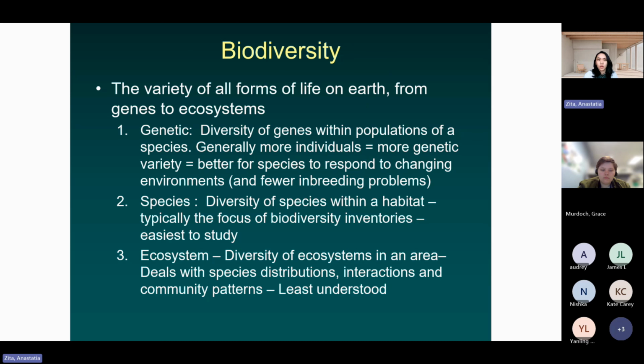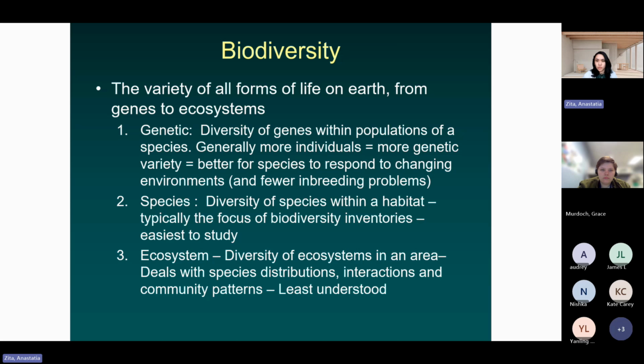We talked a lot about different habitats and organisms. Let's talk about biodiversity. Biodiversity generally refers to the variety of all forms of life on Earth, from genes to ecosystems.